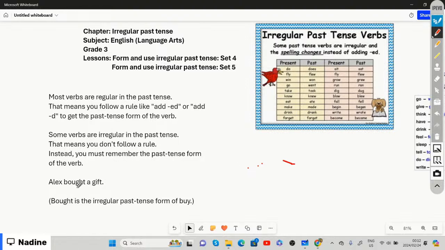So for example, Alex bought a gift, and bought is the irregular past tense form of buy. Meaning that in the present tense, Alex buy a gift, and in the past, Alex bought a gift.